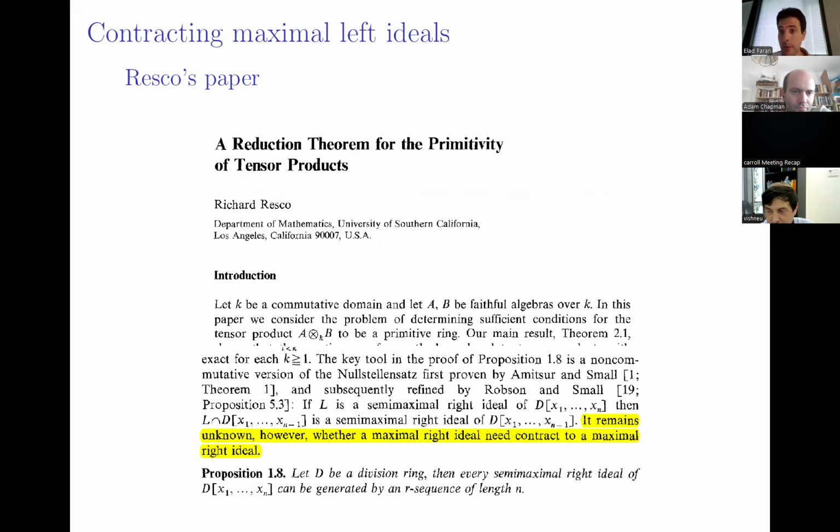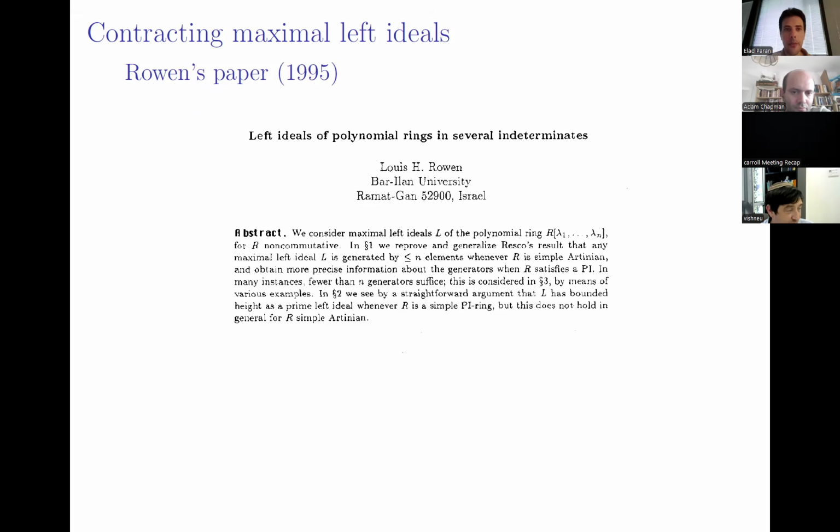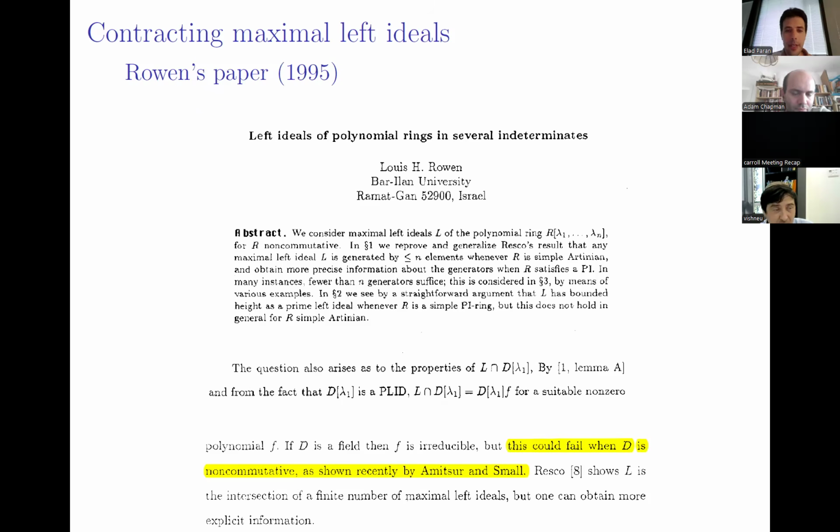And then I couldn't find any paper concerning this question up until 1995, where we have this paper by Louis Rowen. And in this paper, he writes that the answer is negative. So I will not read the whole area around this sentence, but he essentially writes that the answer is negative and that there was a counterexample recently shown by Amitsur and Small.